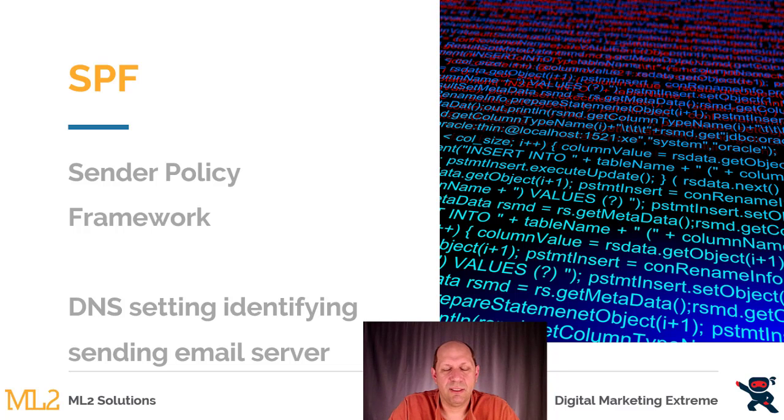The SPF record is one that the receiving email server can ask, hey, who should be sending this? They look that up, and if the email actually comes from it, then we know that's a real message. If not, it might be suspect and can be used to help eliminate spam.